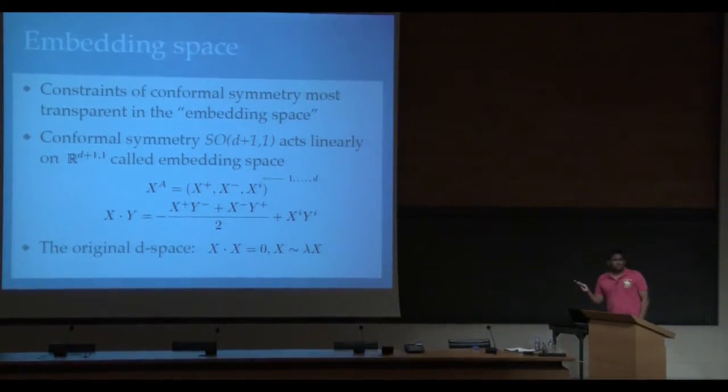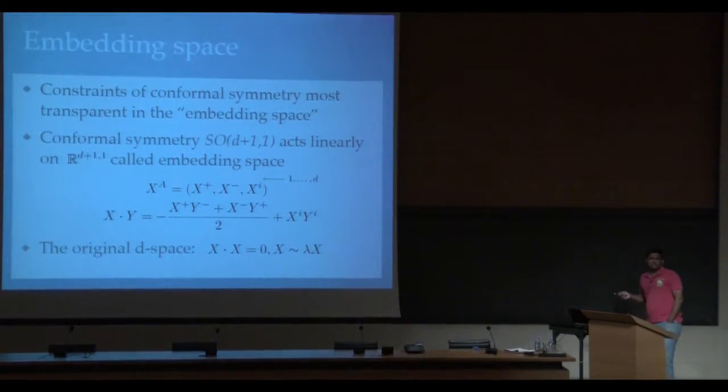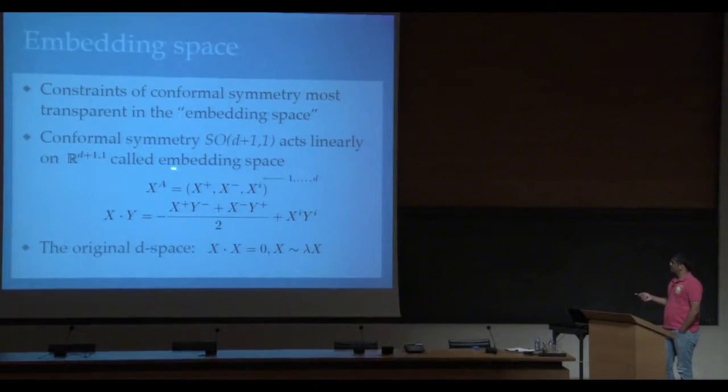Now, in order to go from the embedding space to the original d-dimensional space, we need to get rid of 2 dimensions of this Minkowski space in an SO(d+1,1) covariant manner. And the way to do that is to consider the null cone. This is simply defining a light ray up to a projective identification.